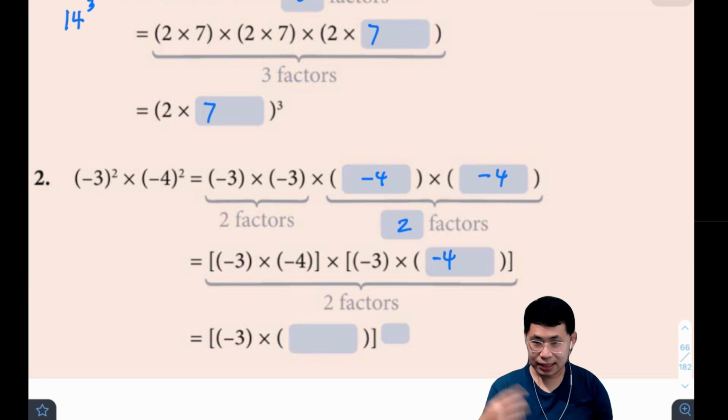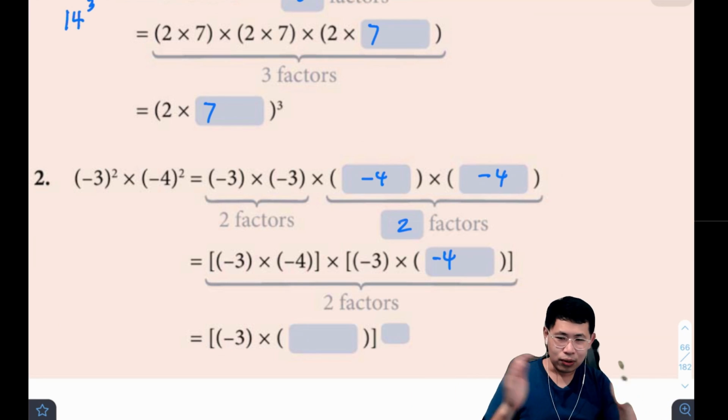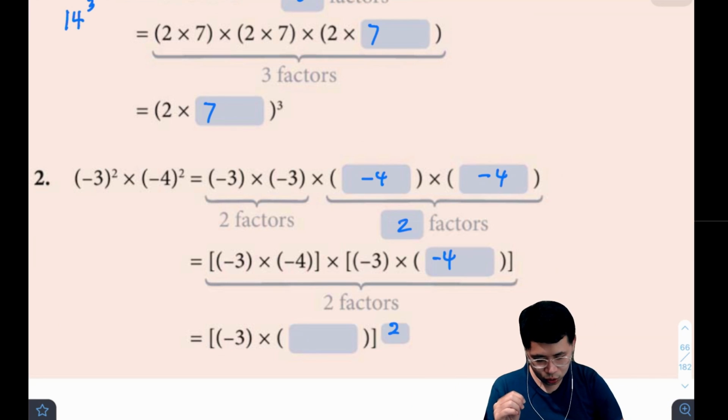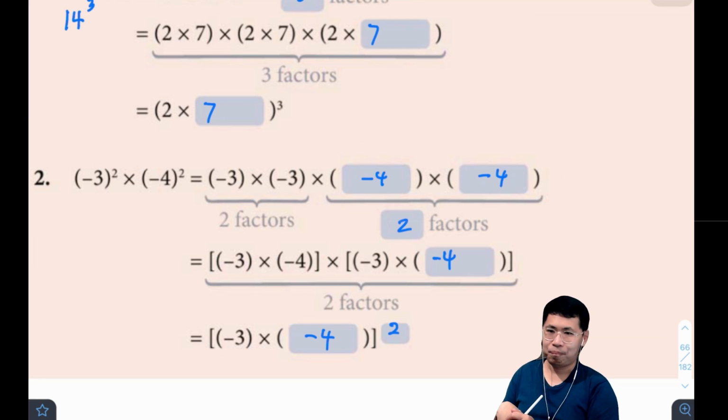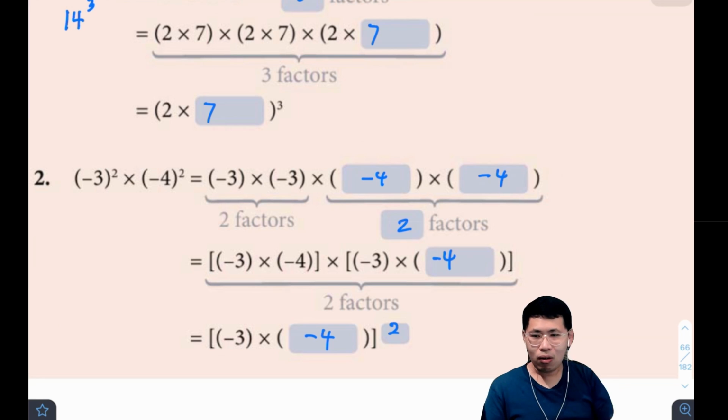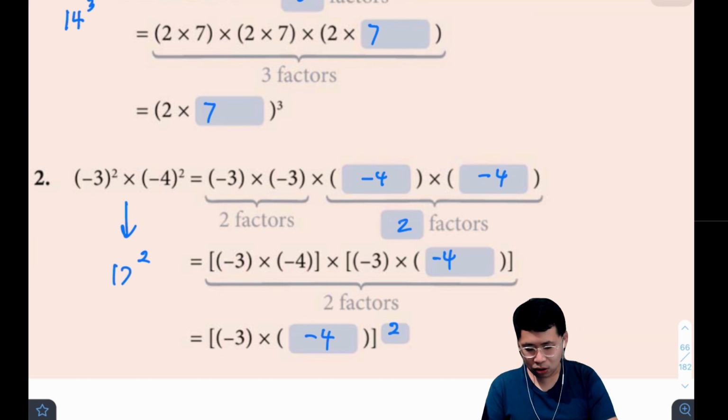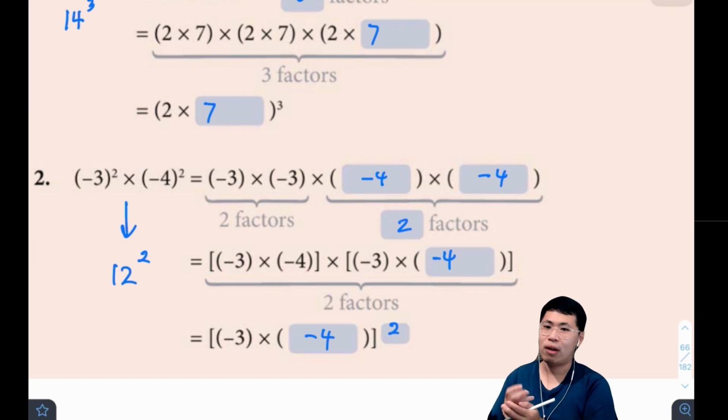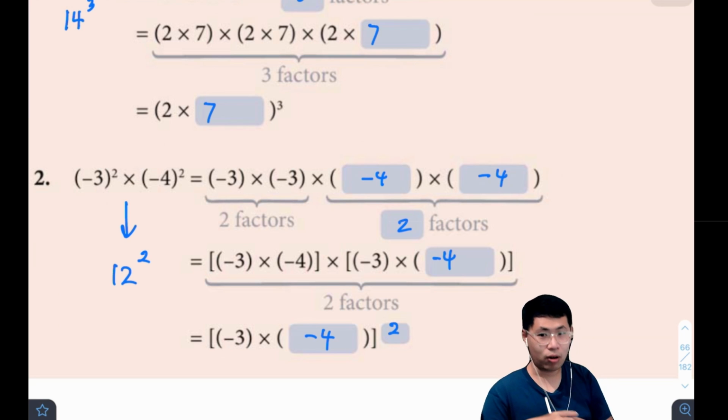Because it's the same set, we can write it as a square. Or, because the powers are the same, you can bring the power together and multiply the bases. So negative 3 times negative 4 would be positive 12, and you're going to get 144. So this is another way of looking at this law.